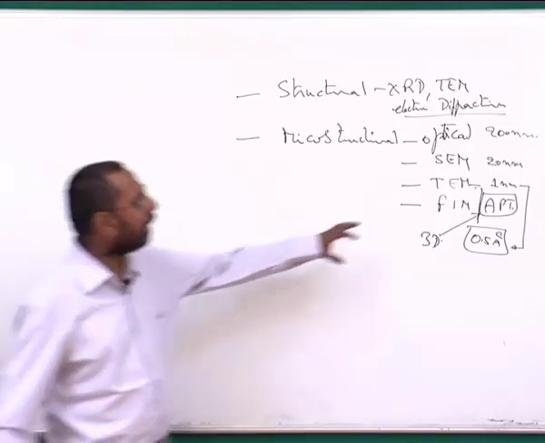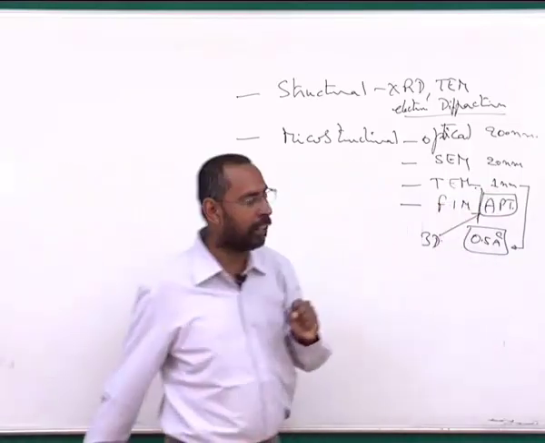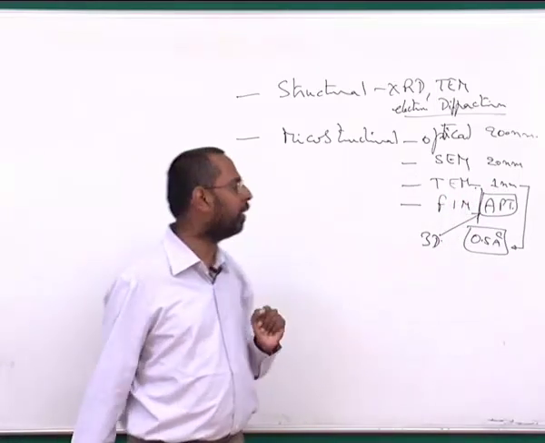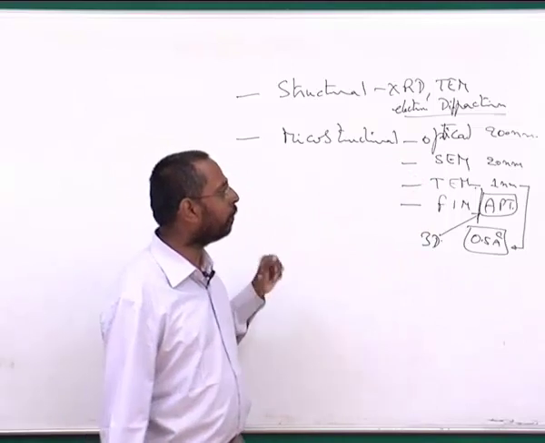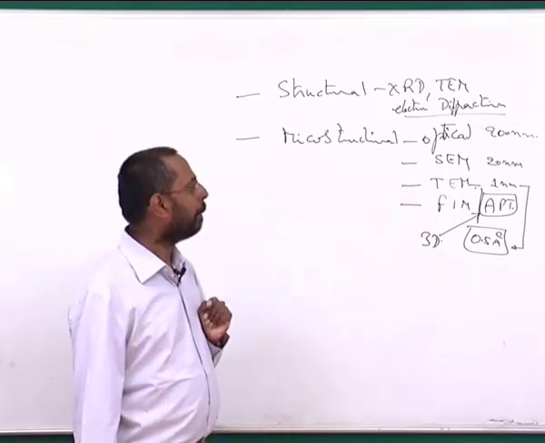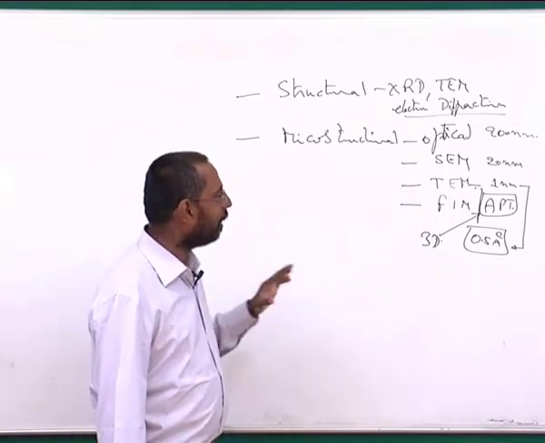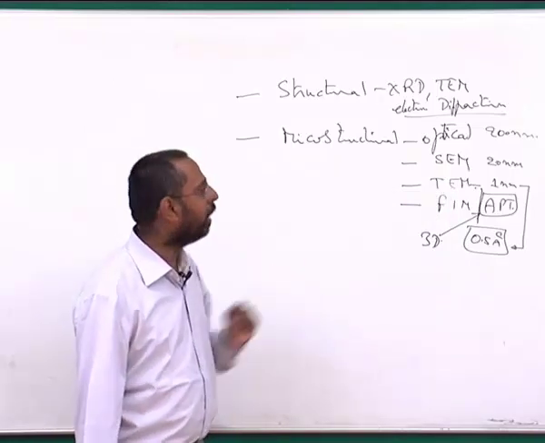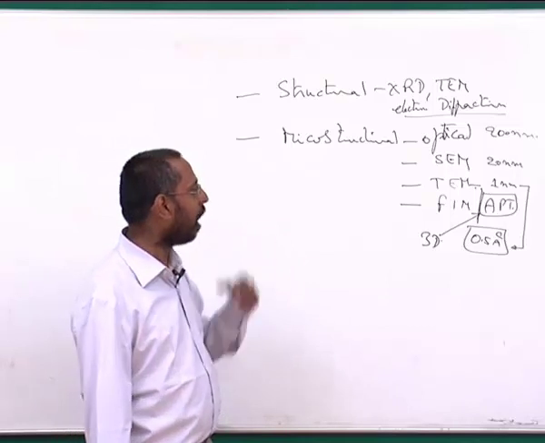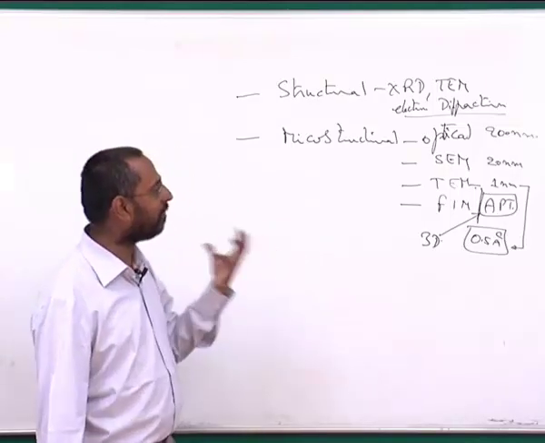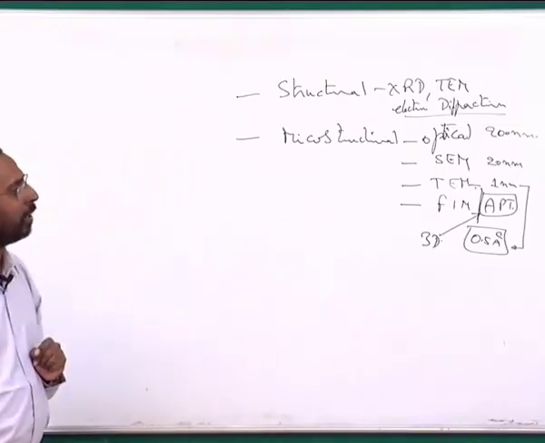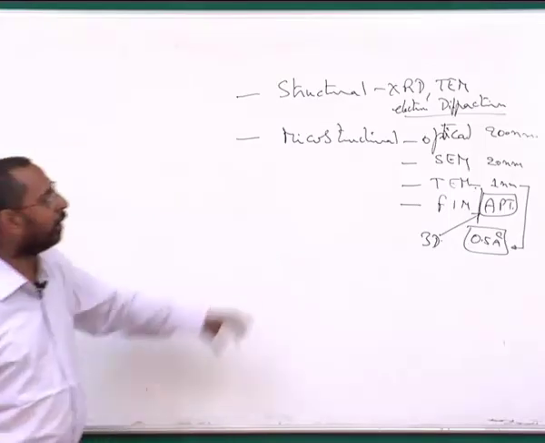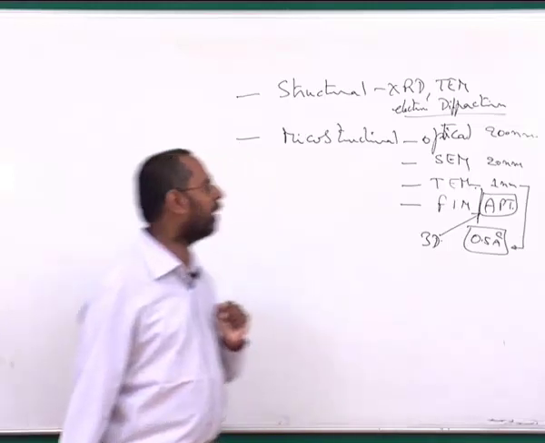So this is more like a spectroscopic technique, but gives you microstructural information where elemental distribution at a microscopic level, and we are able to see information such as how the elements are distributed at the grain boundaries, or within the grains, or within certain clusters inside the material, or at the very early stages of precipitation, for example. All this can be found out using this kind of a tool.